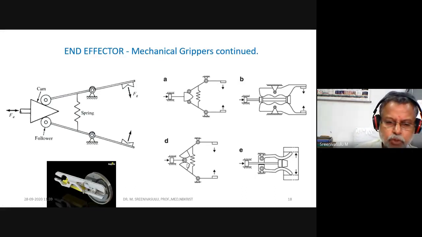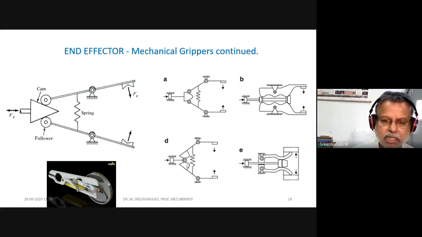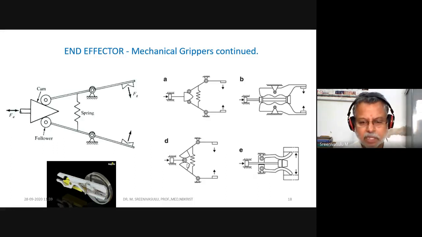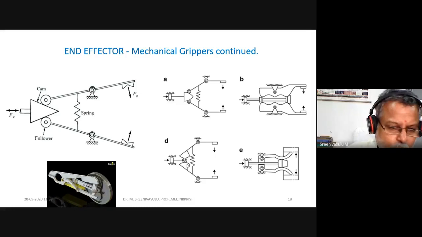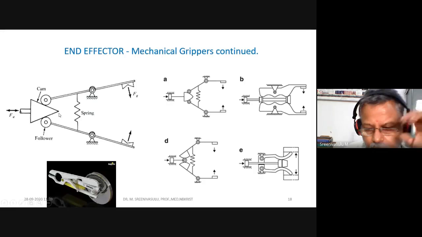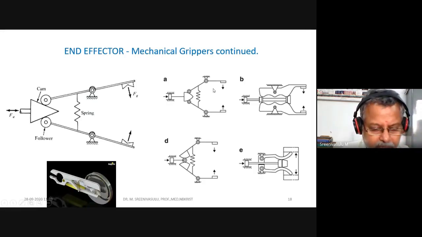This is only to give you an idea that there will be no single-point type of end effector. Since you have put a straight line, the movement is going to be linear. Since you have put a curved portion, the movement is going to be non-linear. So it all varies.